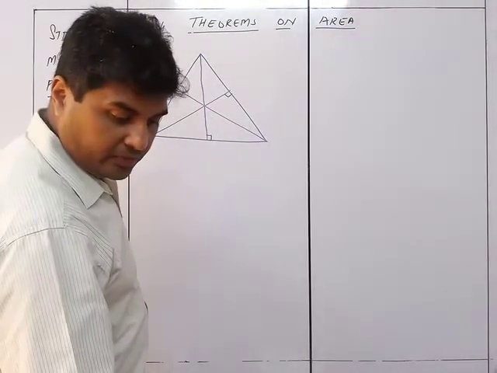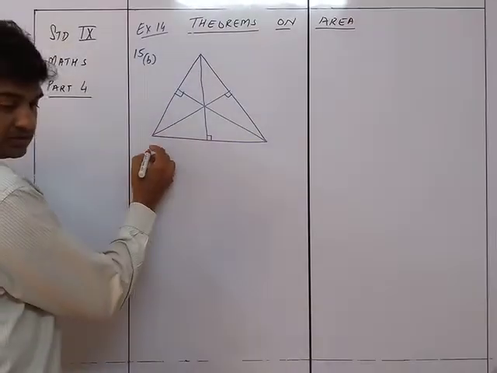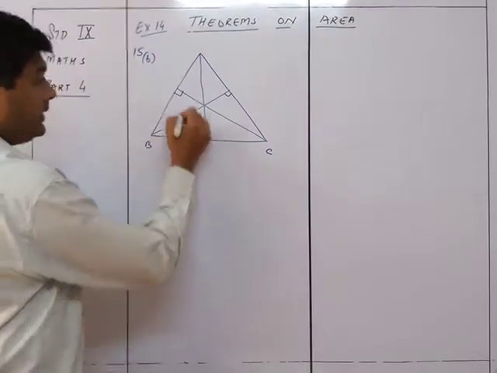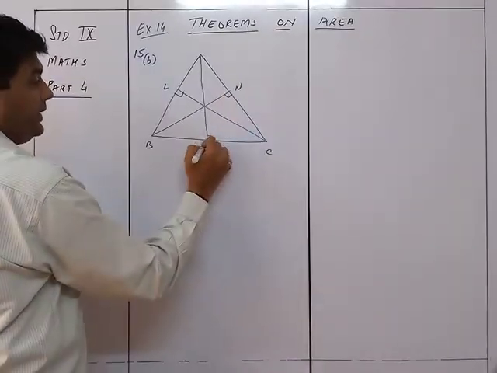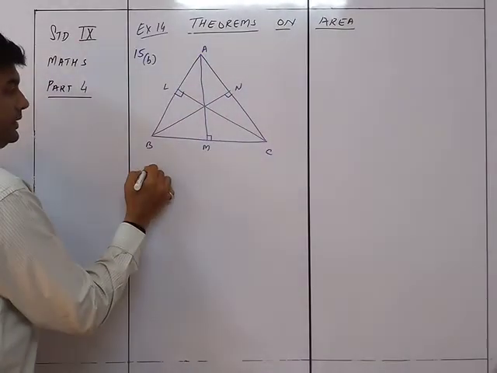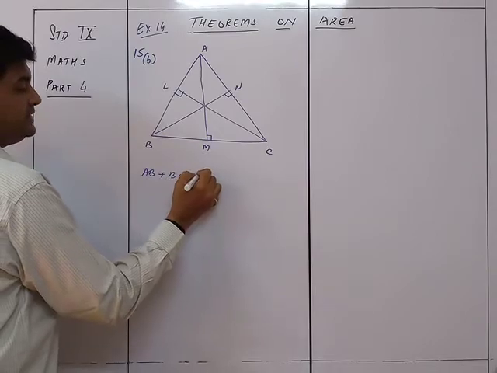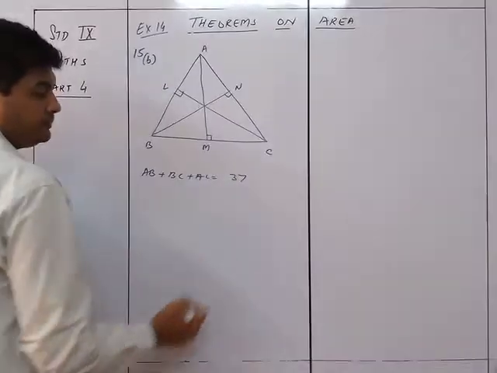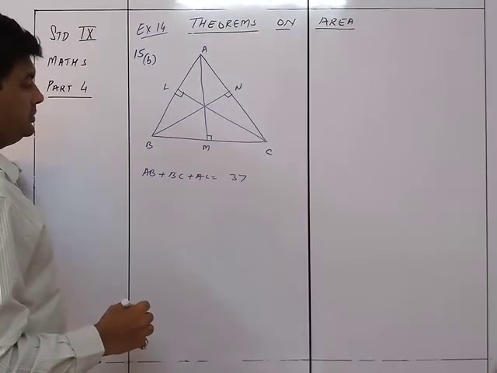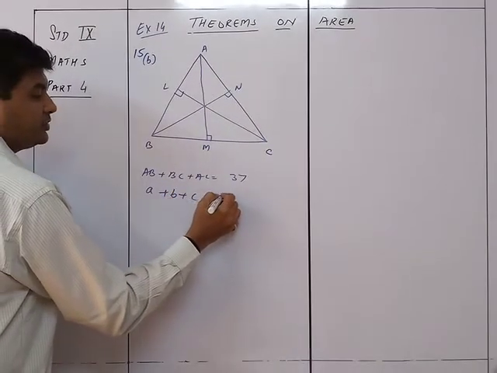Okay, they given you here that a perimeter, that is B, C, L, N, M and A. AB plus BC plus AC is equals to 37. So let us take it as A plus B plus C is equals to 37.